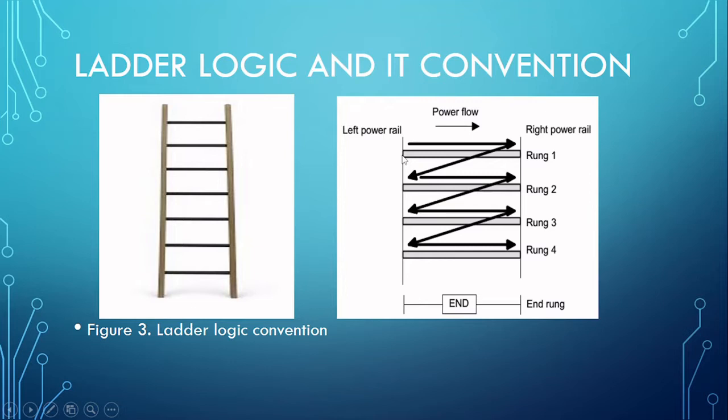Also, the ladder is read from left to right, top to bottom, like we already said. So the reading of a ladder from the first run, going left to right, top to bottom, to the last run is what is called a cycle in ladder logic programming.